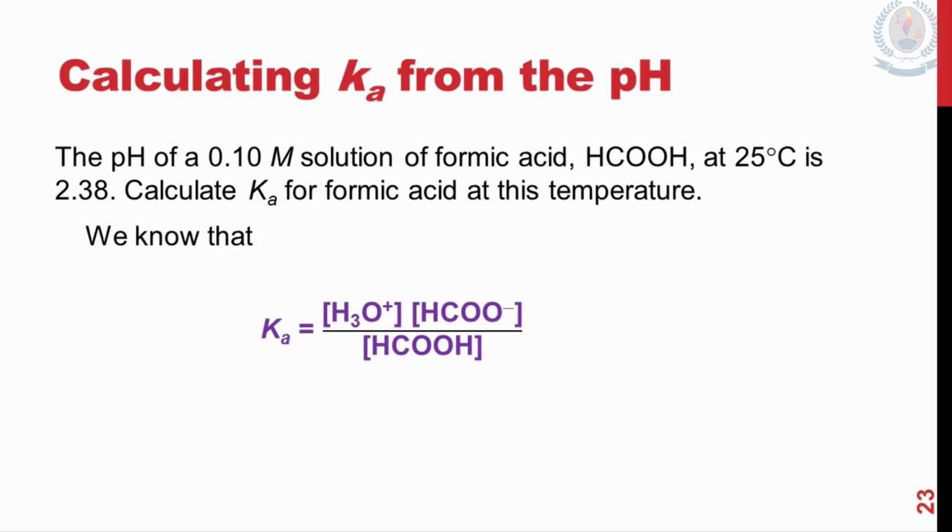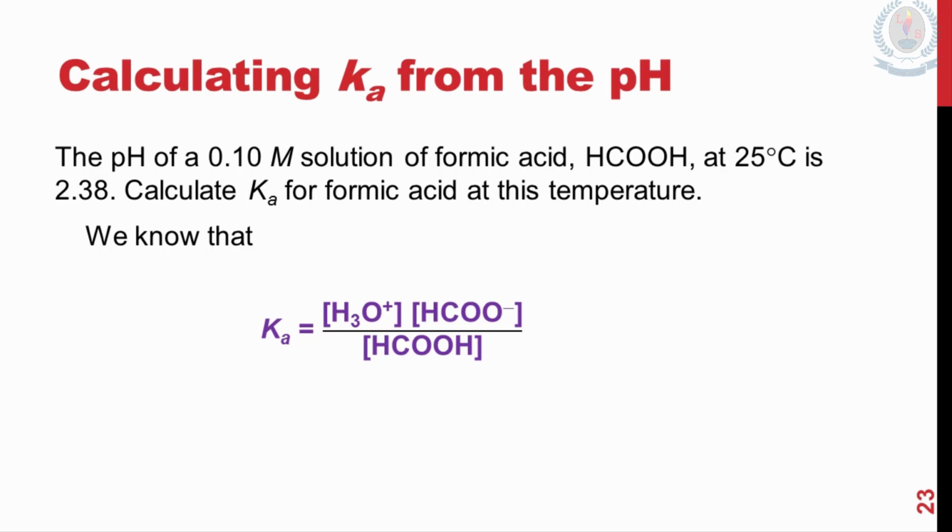The question is: the pH of a 0.1 M solution of formic acid at 25 degrees centigrade is 2.38. Calculate Ka for formic acid at this temperature.